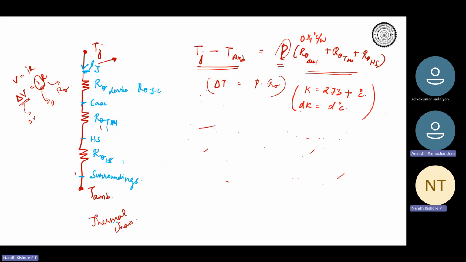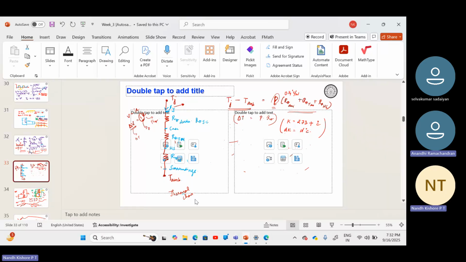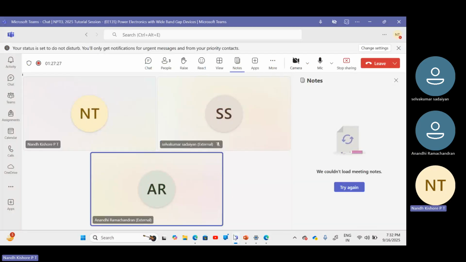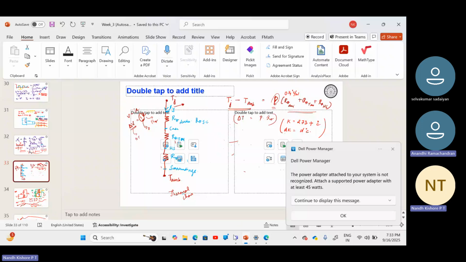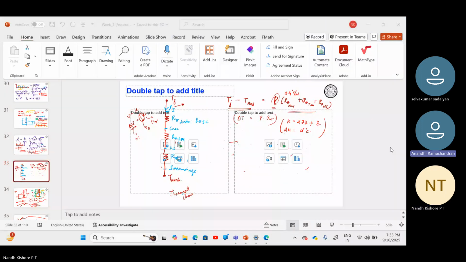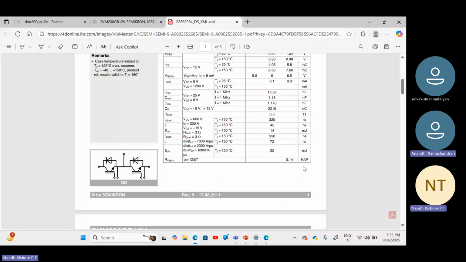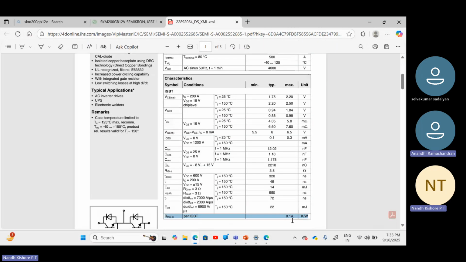Is this fine? Both of you? My screen is not visible? Yes, it is visible. You said that the data given in the data sheet is R theta device, junction to case of the device, right?